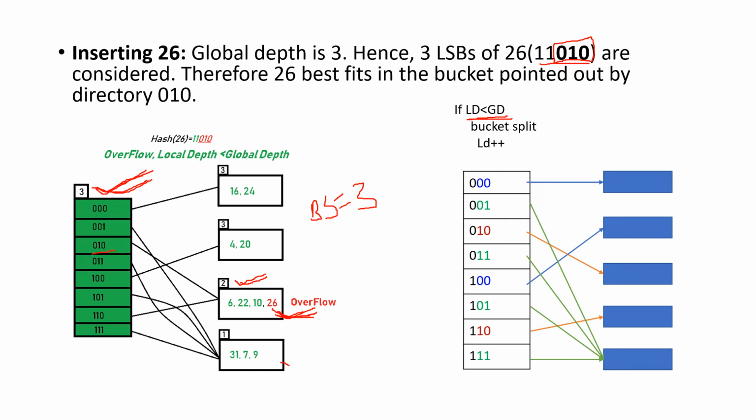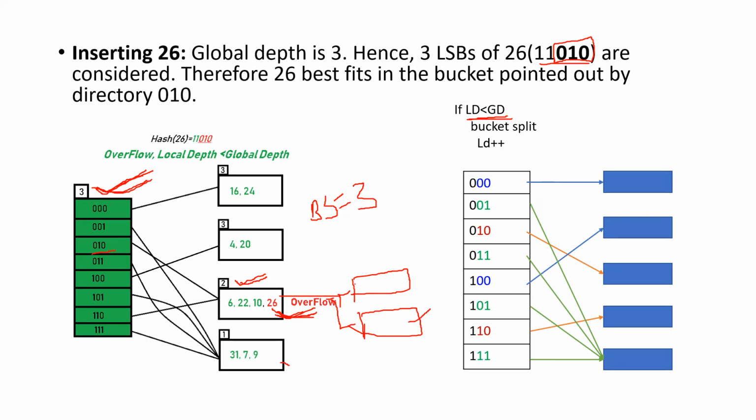Simply split this bucket into two parts, and there are now two pointers. 0, 1, 0 is pointing to this bucket, as well as 1, 1, 0 is pointing to this bucket. So one pointer is going to point to this bucket, another pointer is going to point to the other bucket.